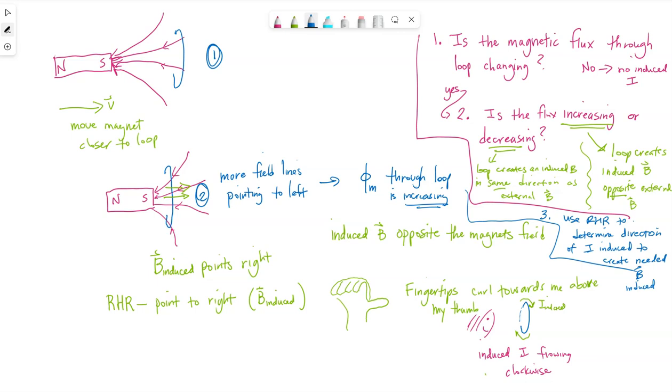There's no quick answer to these directions. To solve mathematically for a value of induced current, we use Faraday's law, which we did in a couple examples prior to this. But for finding direction, slow down and think through those 3 steps of solving the problem. I'll go through some examples in the next video for extra practice.